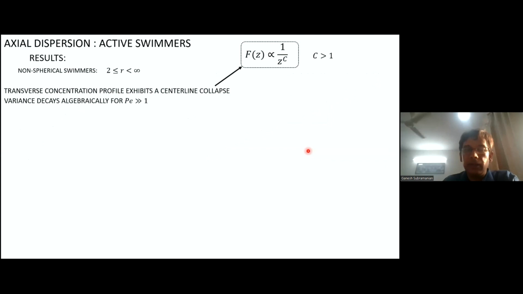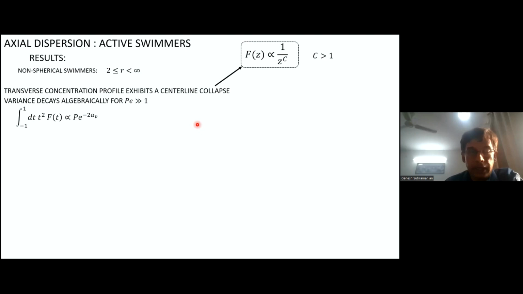Now we come to aspect ratios between 2 and infinity. As I've already told you, the concentration profile is non-integrable in this case, which points to a centerline collapse in the limit of Peclet going to infinity. So unlike the earlier case, the variance doesn't saturate as Peclet goes to infinity, it continually decreases.